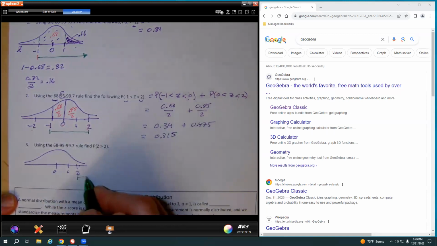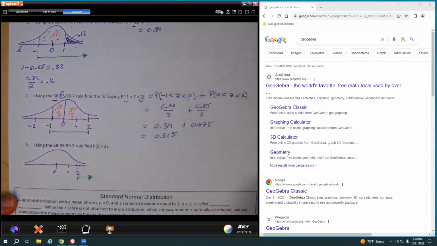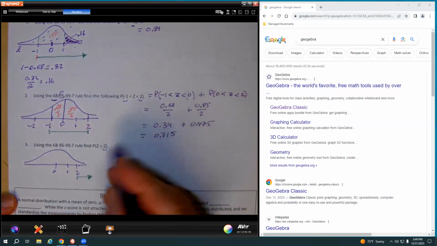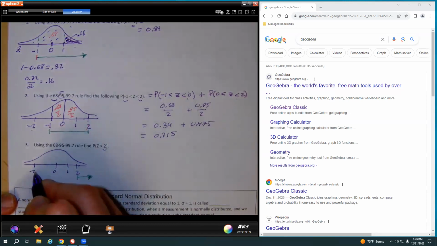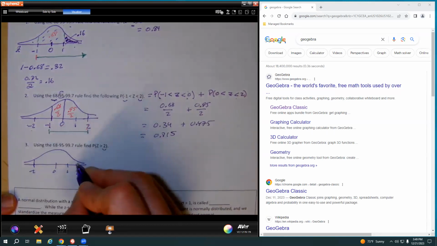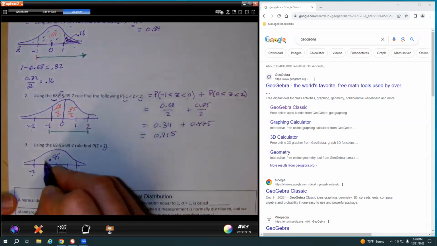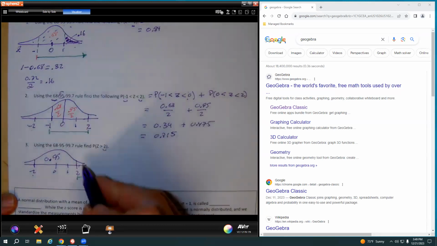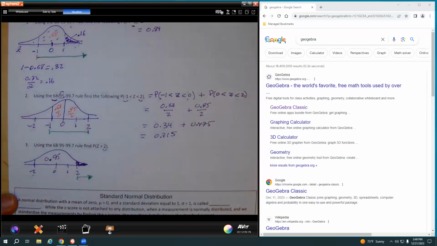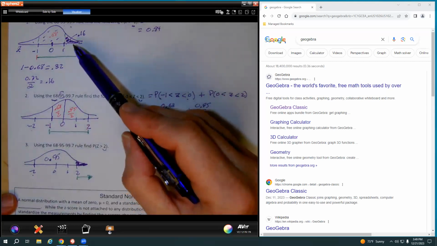What I'm after is 2 and greater. Since it only involves 2, I'm going to come over here and remind myself that the area between -2 and 2 is 95%. But what am I after? I'm just after this little part right here. Nothing more. So why not do what I did in the first one?